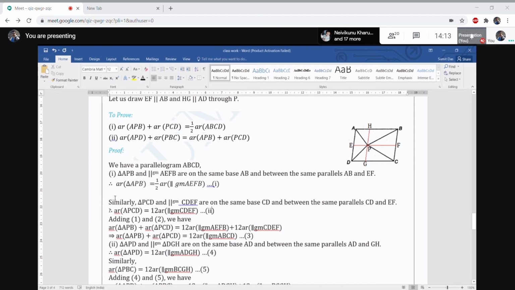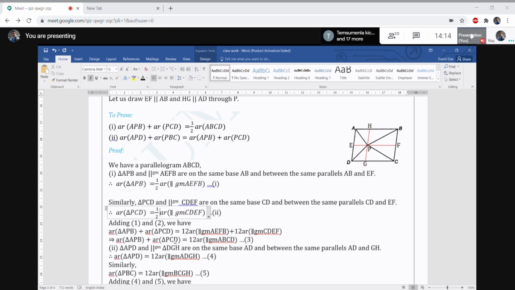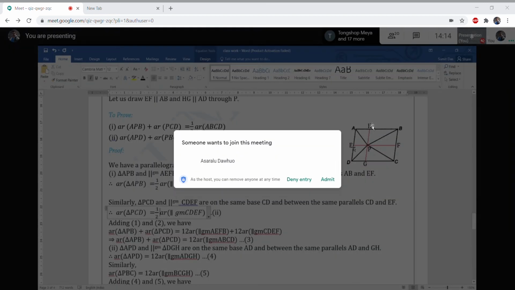Therefore, triangle PCD is half of the area of parallelogram CDEF.